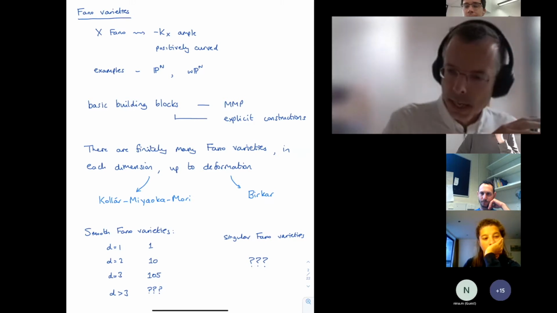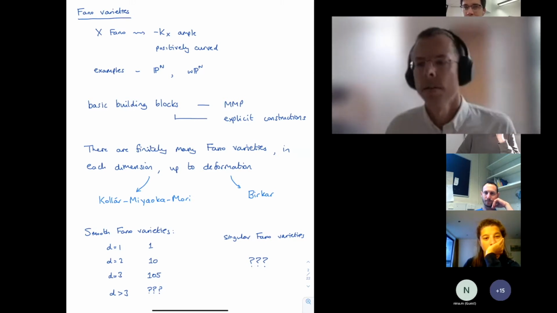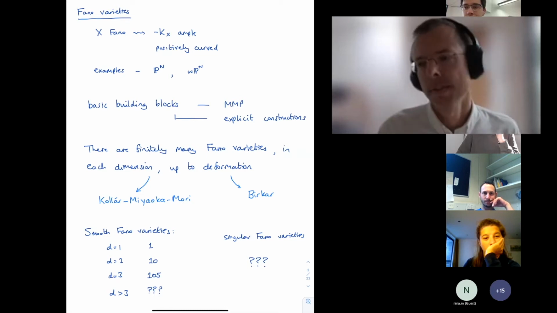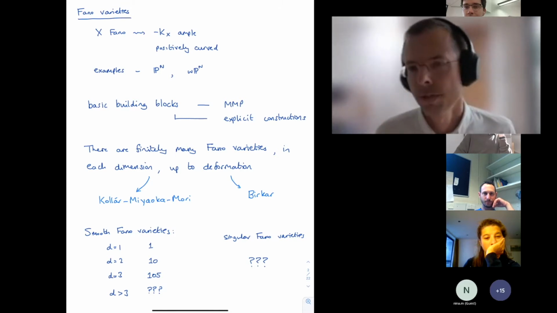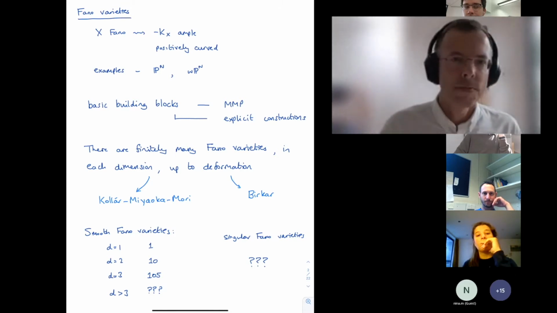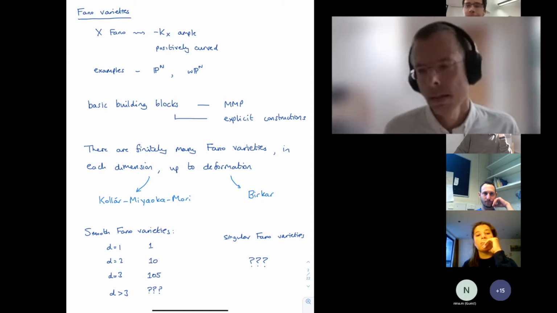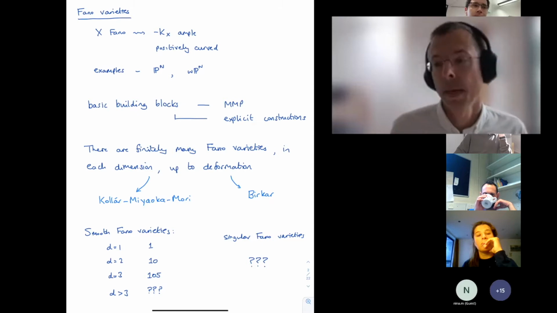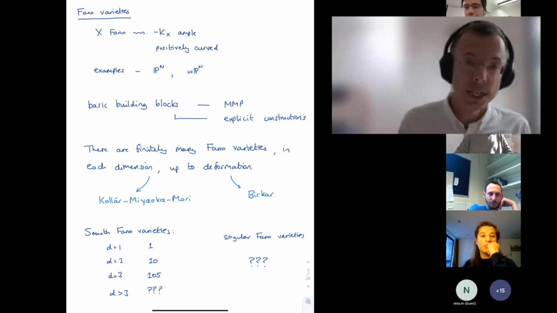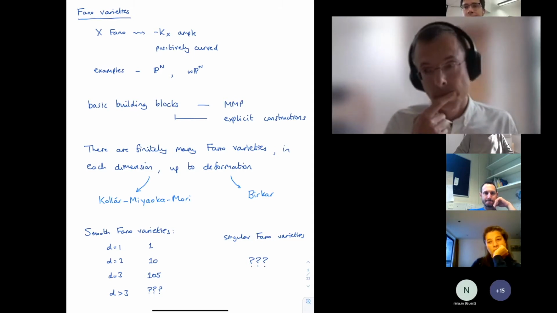The genus 0 curves are positively curved. They have the round metric. They're Fano. Elliptic curves are flat, and genus 2 and higher are of general type. So Fano varieties are positively curved in that sense. And I guess the most basic examples are projective space, or more generally, weighted projective space.